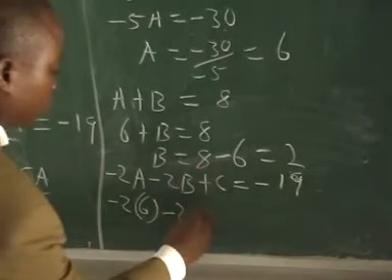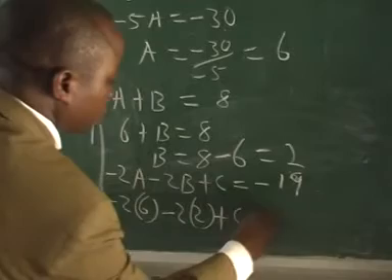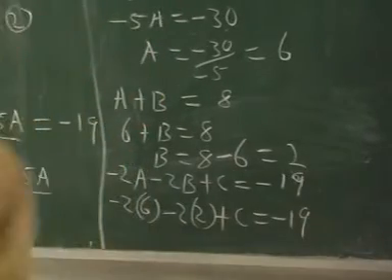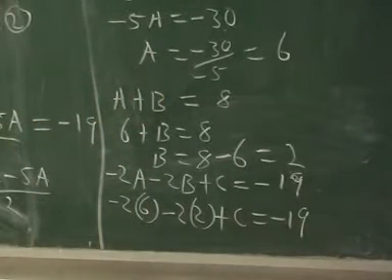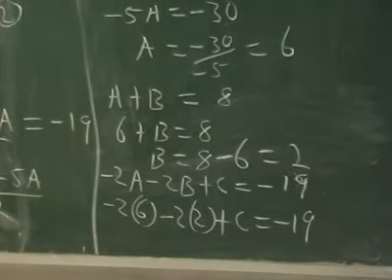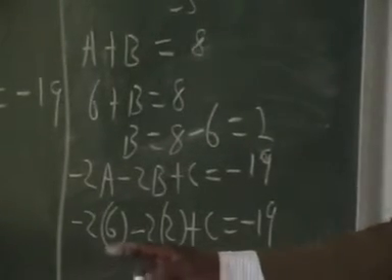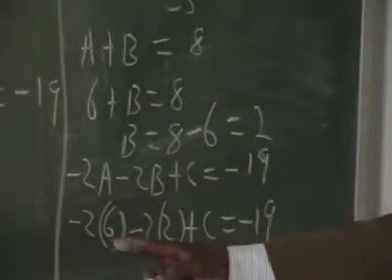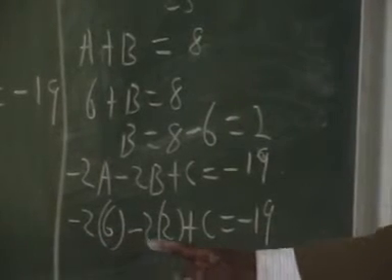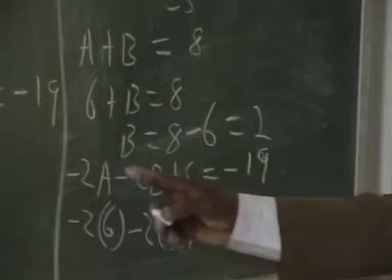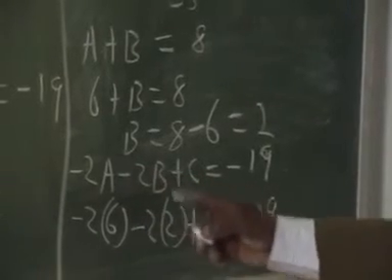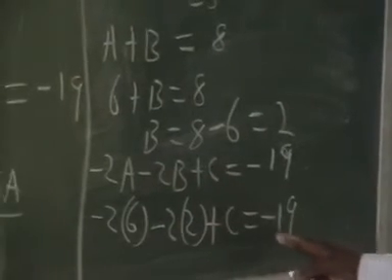B is 2. Plus C is equal to minus 19. So we have minus 2 times 6, minus 2 times 2, that is replacing the value of A and the value of B, plus C is equal to minus 19.